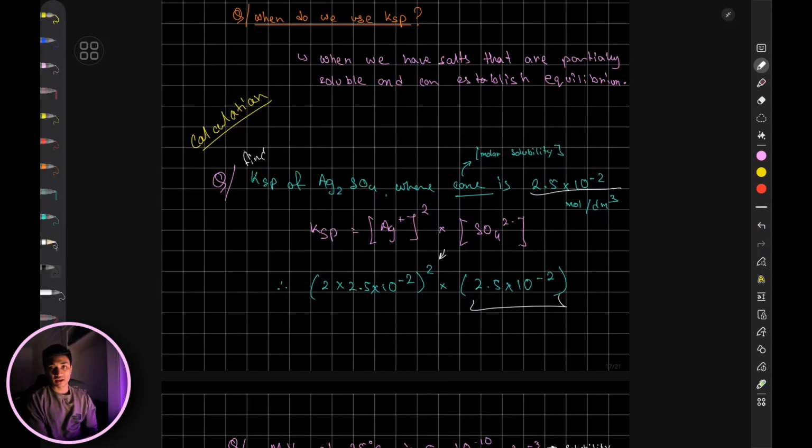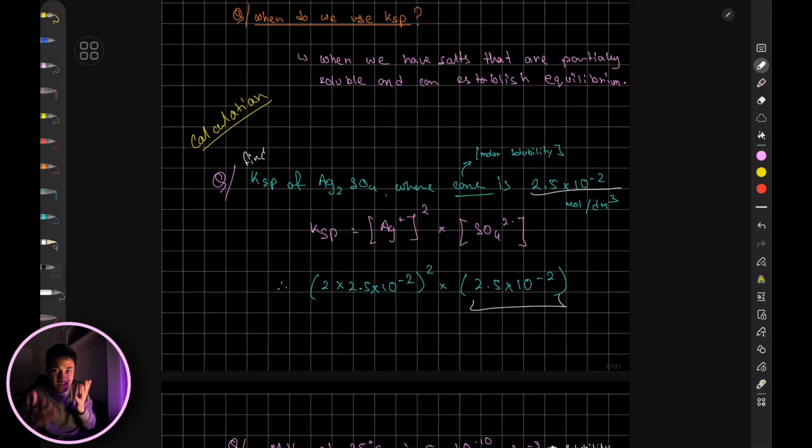The way the formula is, the solubility product is basically respecting the weightage of each of the elements. So the formula is made in a way that respects the effect of concentration changes in either silver or the sulfate ion, which is why even if you are considering twice as much concentration over here, the power is for a different reason.